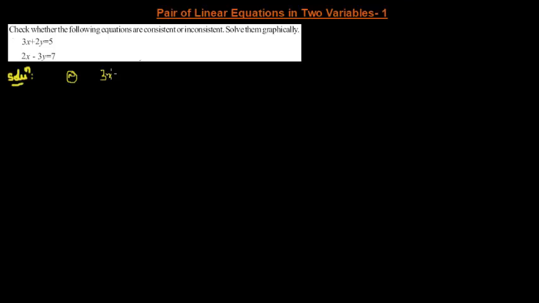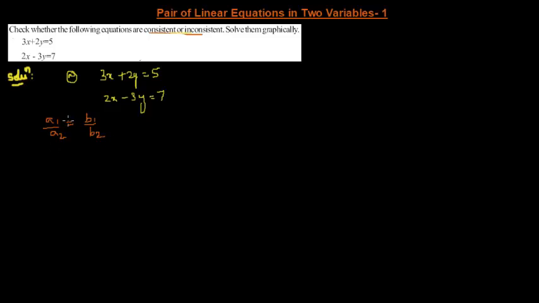It is 3x plus 2y is equal to 5 and 2x minus 3y is equal to 7. They have asked us to find whether they are consistent or inconsistent. How will we know? We have to find out the ratio a1 by a2 and b1 by b2.